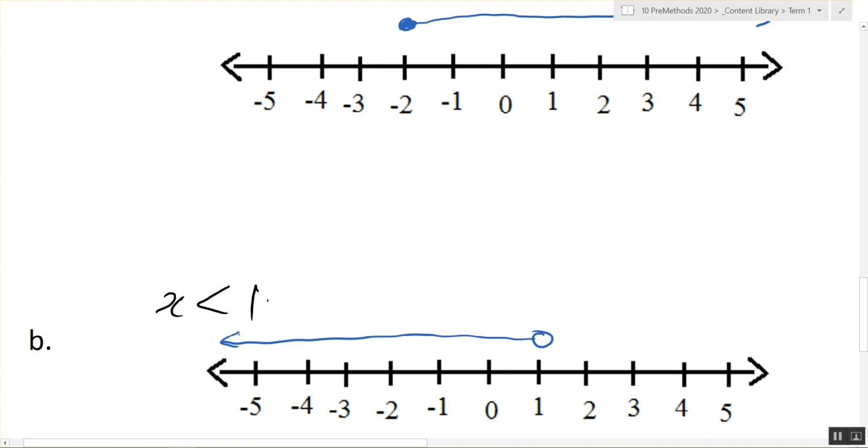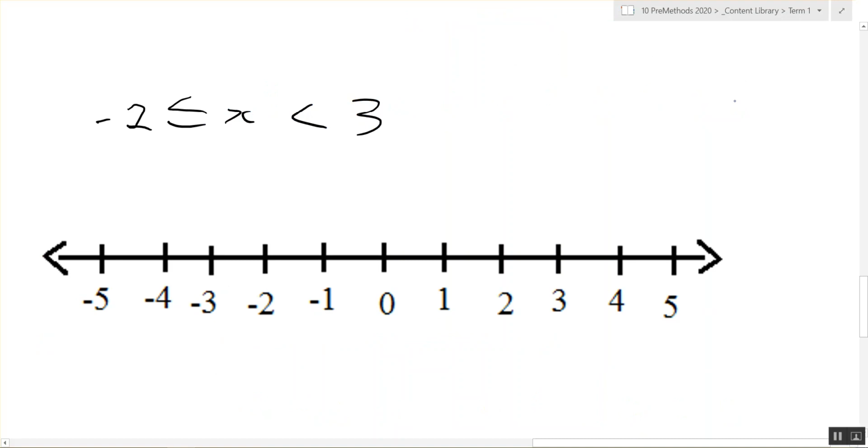You want a more tricky question? Closed circle on -2, open on -3, and then you join them together. So x could be -2 and it could be any of the numbers in between that, but it cannot be 3.